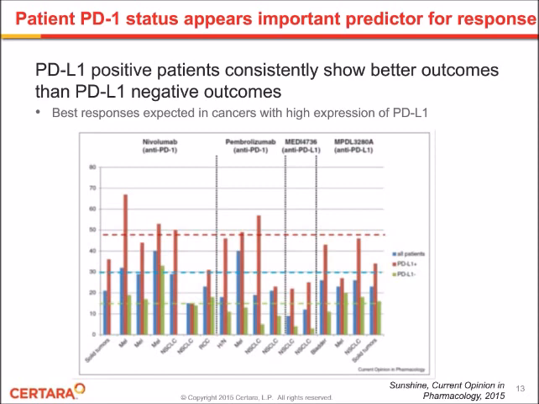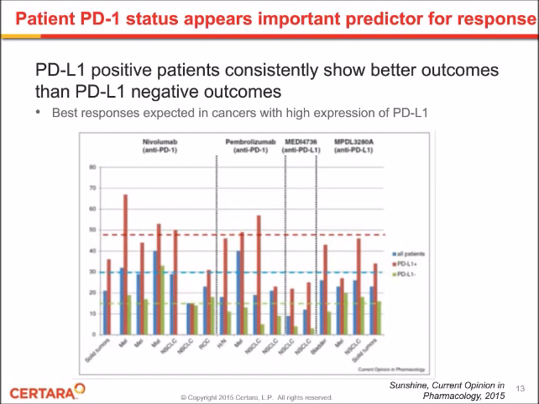And this also implies that the best responses for these types of treatments can be expected in those types of cancer with a high expression of PDL1. One of those is melanoma, non-small cell lung cancer is another one, and you can definitely see that targeting those cancers that have the highest expression of PDL1 gives also the best results.